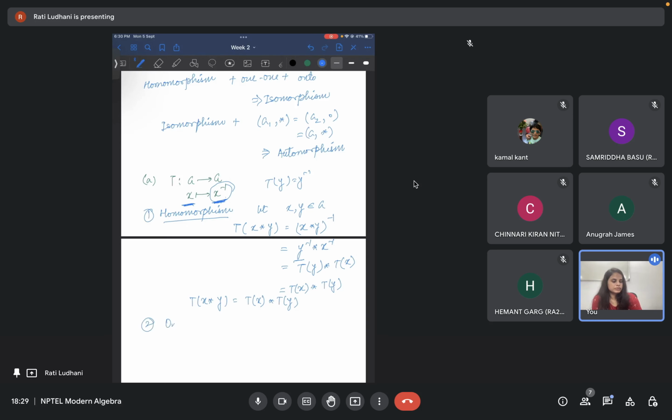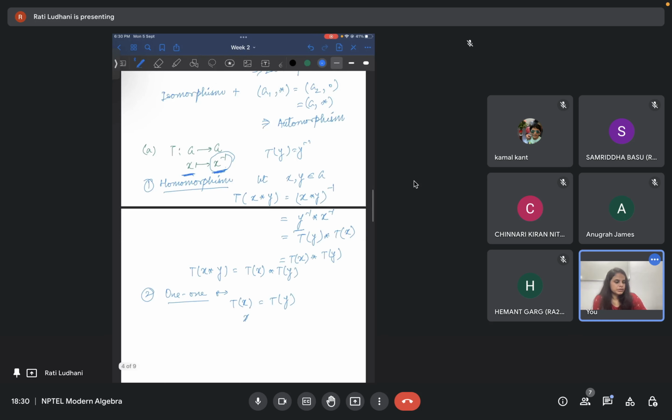Second, one-one. For one-one, what will you check? If T of x is equal to T of y, then x has to be equal to y, right? So here you are given that this is x inverse, this is y inverse.